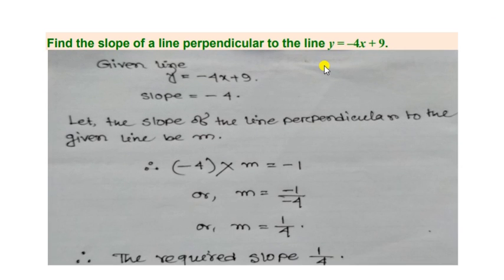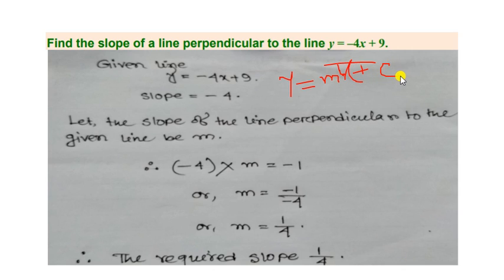When a simple line of this kind is given to you, remember, when any line is given to you, you should make the form y is equal to mx plus c.